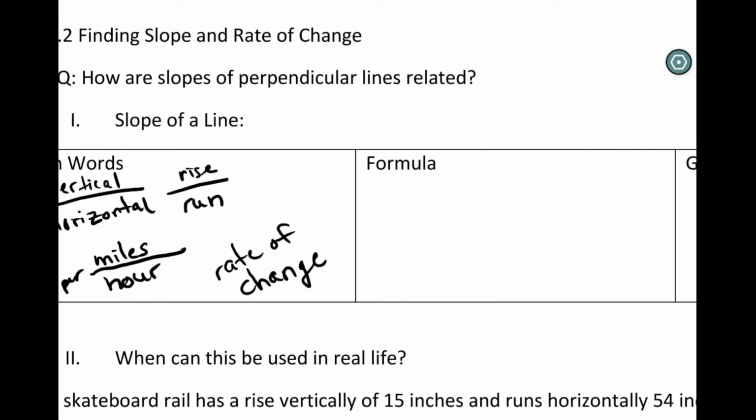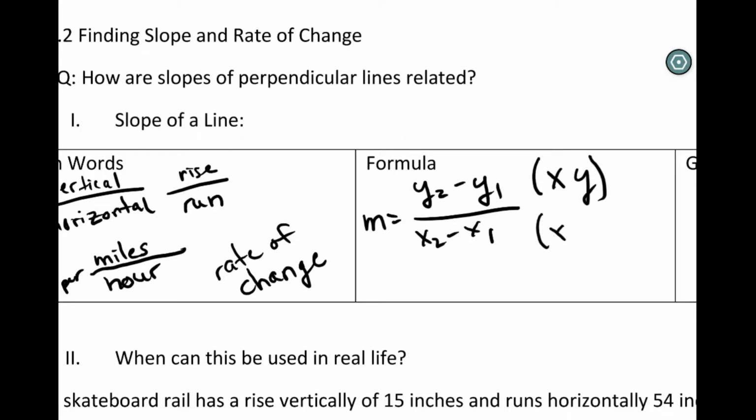The formula for slope is m equals y2 minus y1 all over x2 minus x1. Those come from coordinate points. You have likely done this before, so hopefully it's not too challenging. The main idea is that your x's and y's are on top of one another from the same point. So here's the blue point, and here's the purple point.